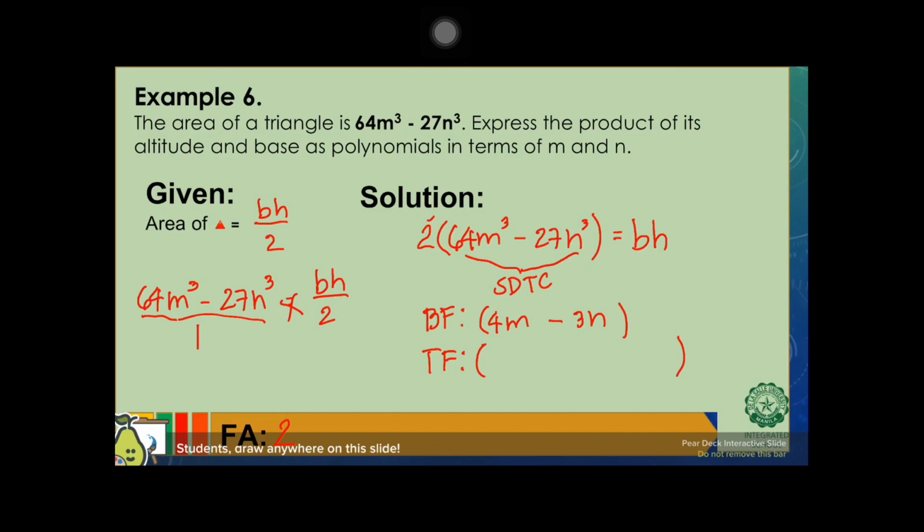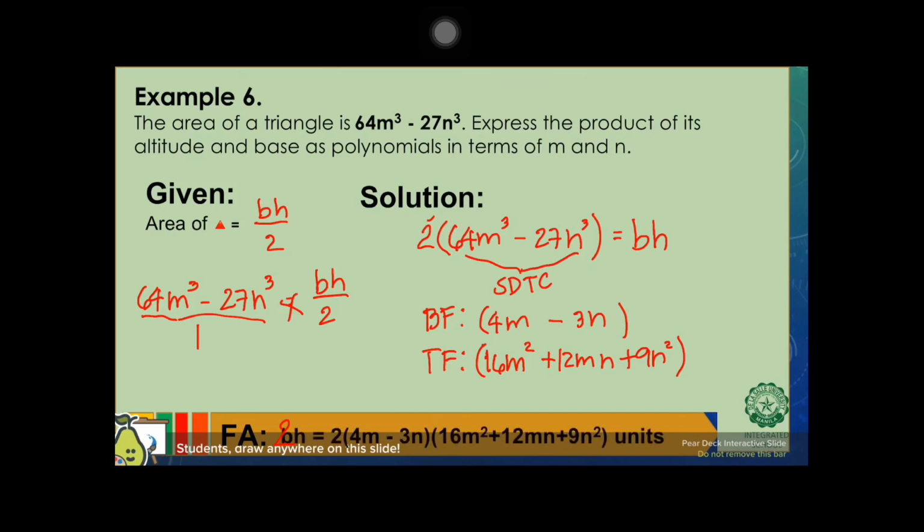So square the first term of your binomial factor, you end up having 16m squared. Get the opposite operation of your binomial factor, that would be addition now. Then after that, multiply the first term and second term of your binomial factor. You have 12mn, and lastly, square the second term of your binomial factor, that would be 9n squared. And you already have the factored form of the area of your given triangle.